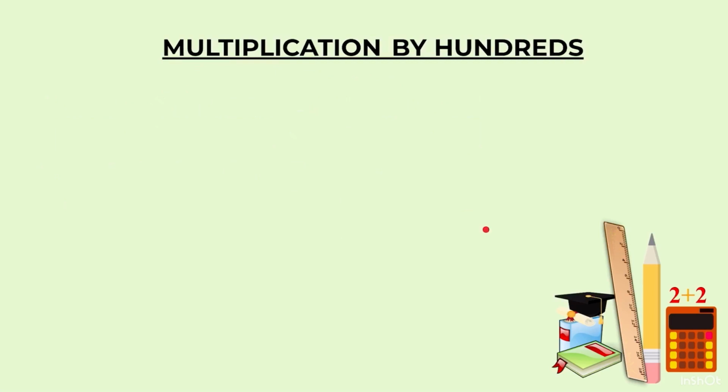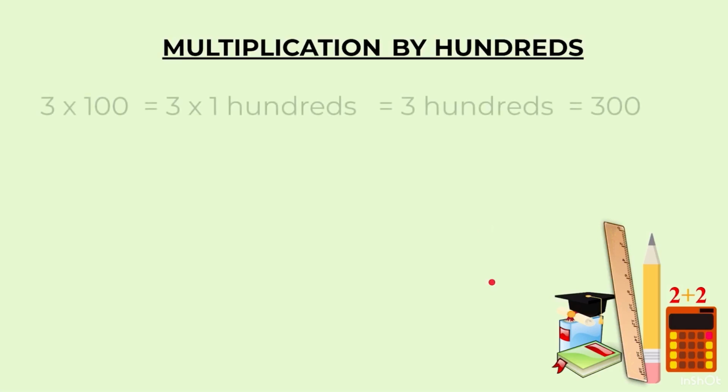Similarly, multiplication by hundreds. 3 into 100 is basically 3 into 100s, which is equal to 300.